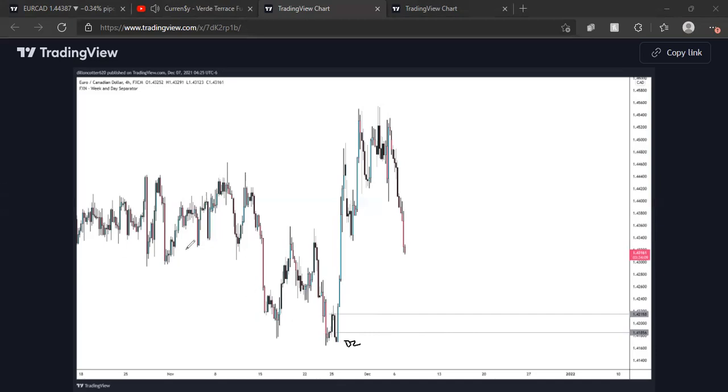So write this down or remember this: the demand zones or supply zones that have given me a really strong impulse from a certain level or a break of structure. If there's no break of structure, there's no trade.